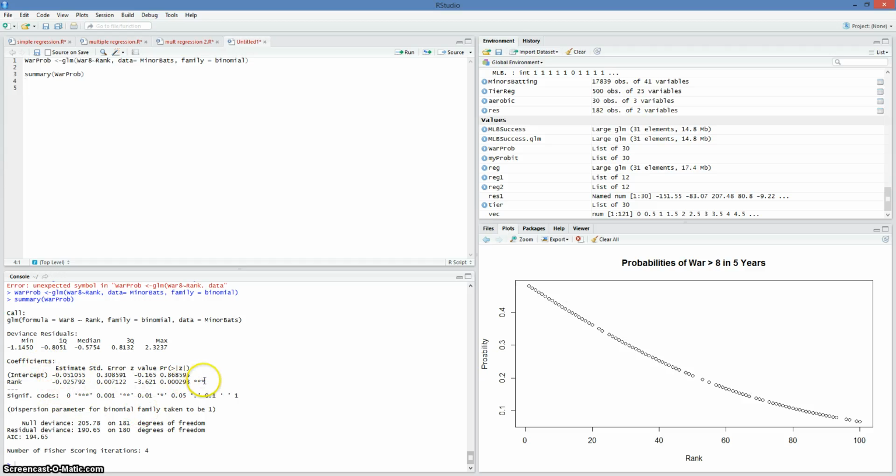So if you look, the rank is statistically significant at the 99 percentile. So we would think that there is a pretty good effect that rank has on success in the MLB.